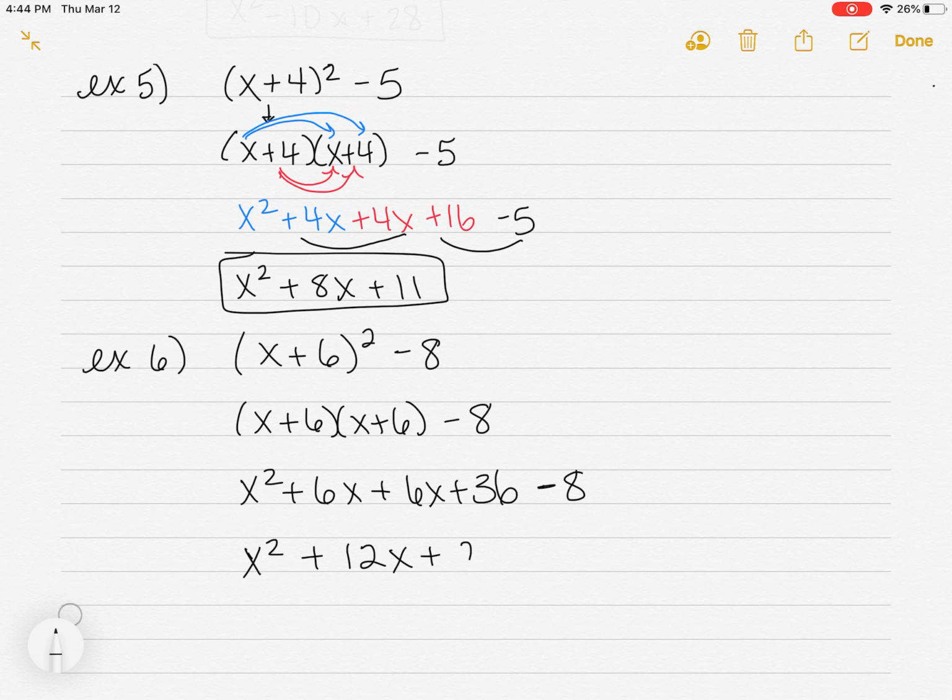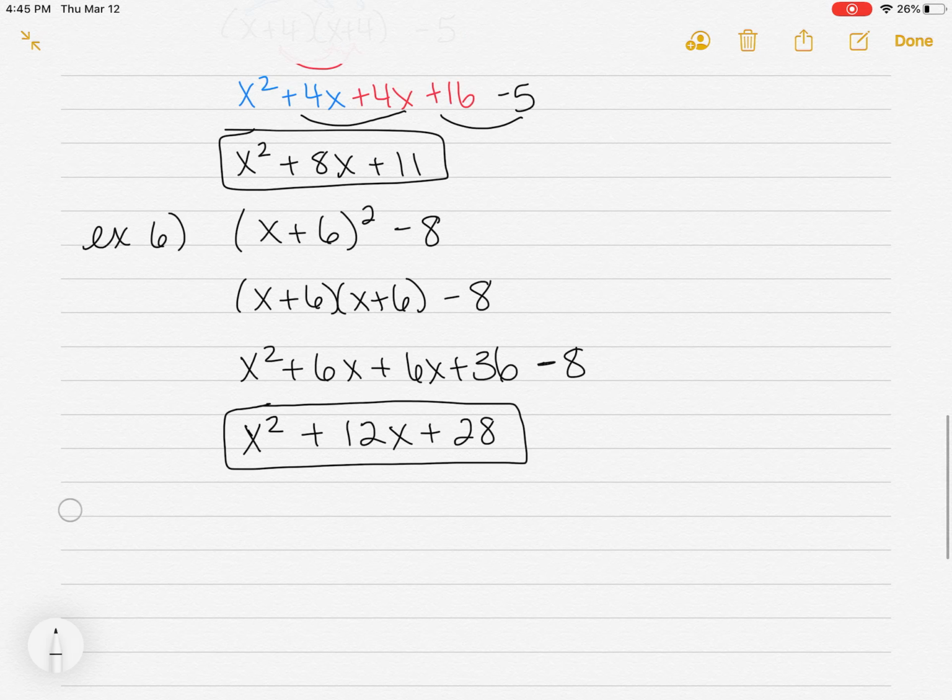That is 28, so plus 28. Right. And that is your answer. Right. That is how you convert from factored form to standard form or from vertex form to standard form.